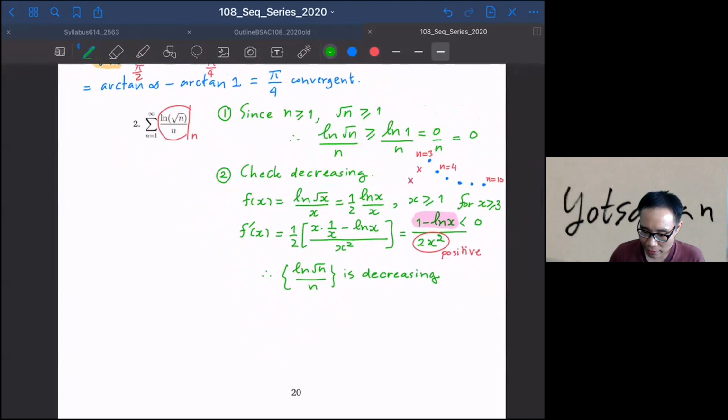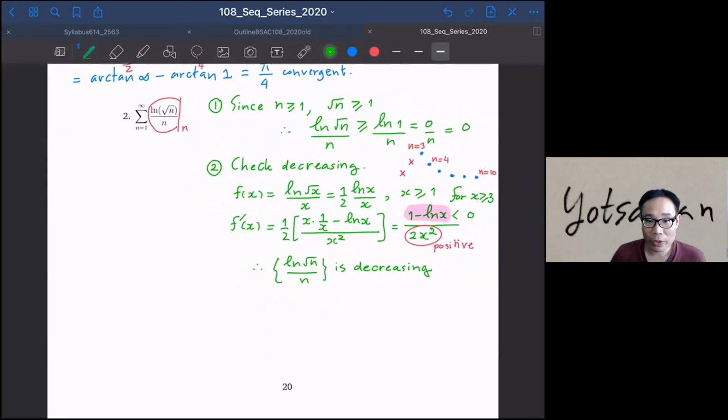The last thing that we're going to do is integrate. So the third step is that we're going to integrate from 1 to infinity of log root x over x dx.